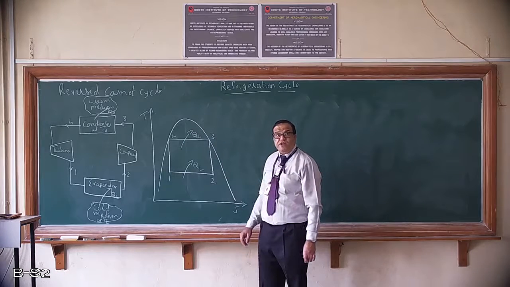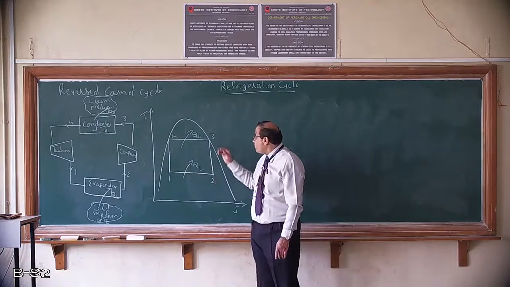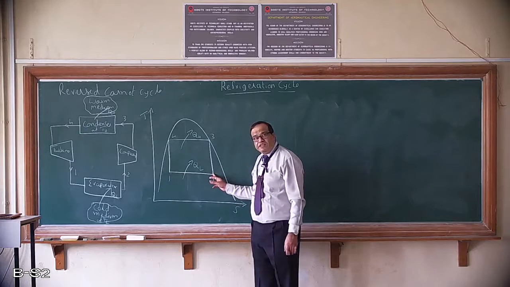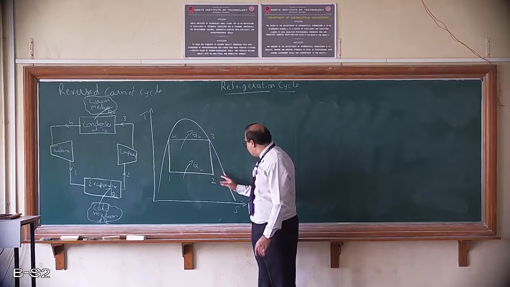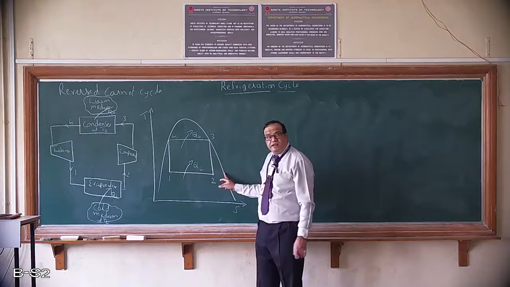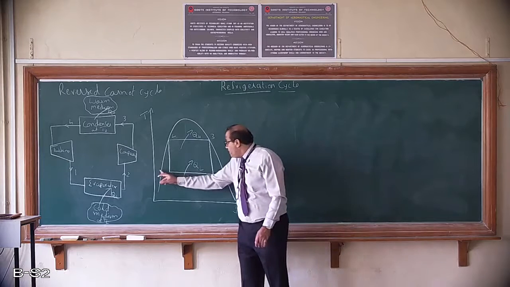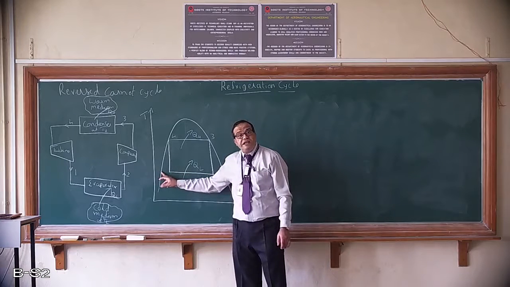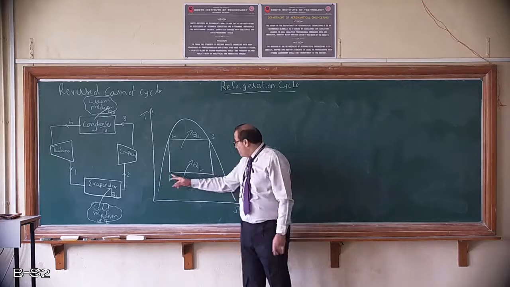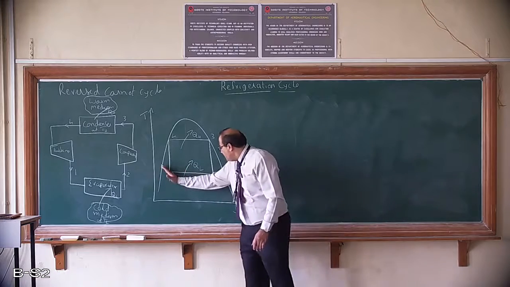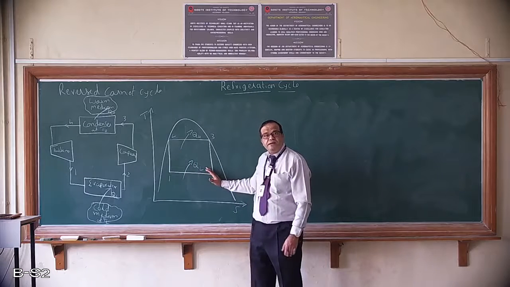But what is not possible here is the 2 to 3 compression process. You can see that at this point the refrigerant will be completely vapor. At this point, the refrigerant will be completely liquid. But in between, it is partially liquid: more liquid here and more vapor there. Am I right?